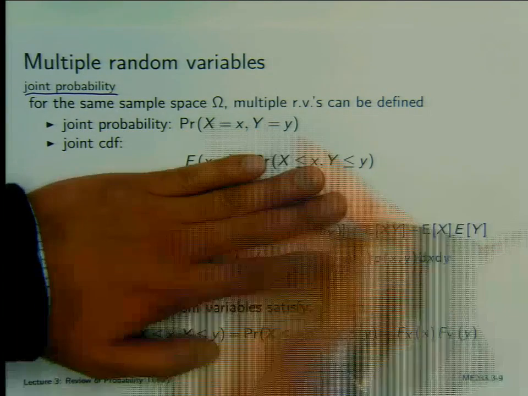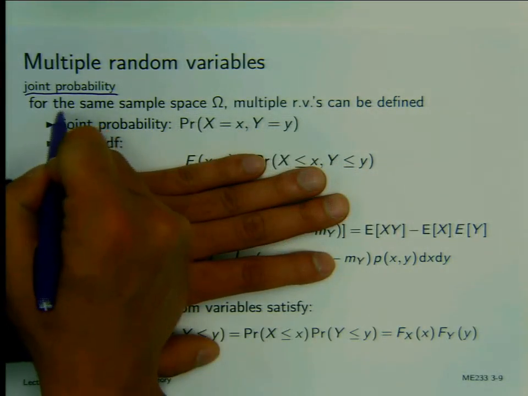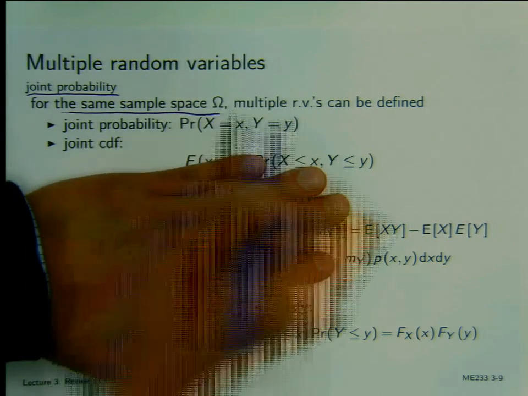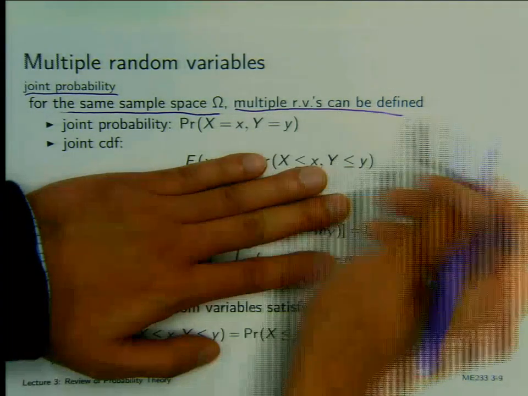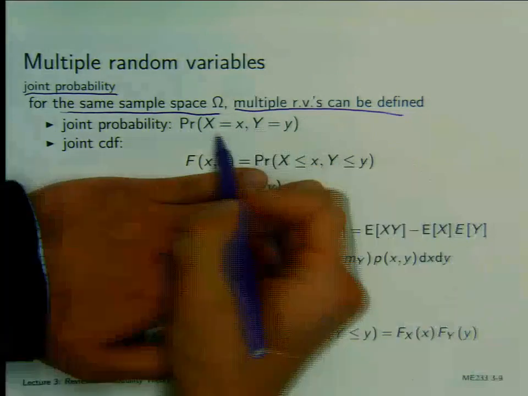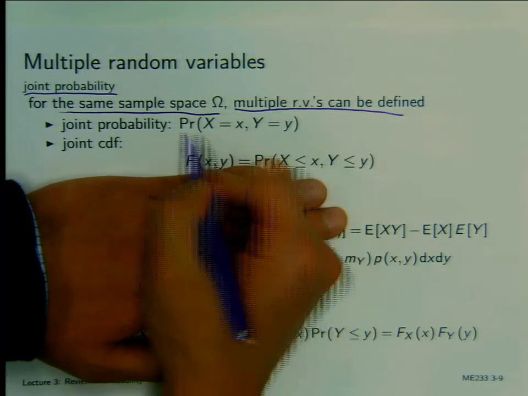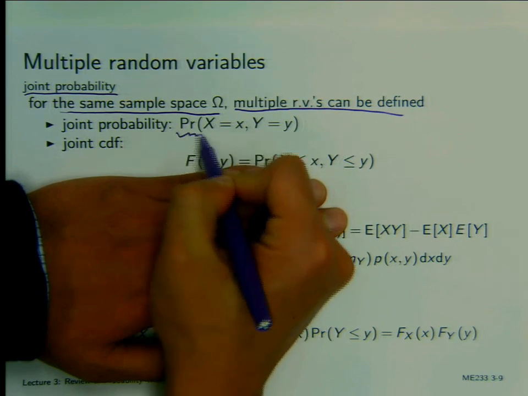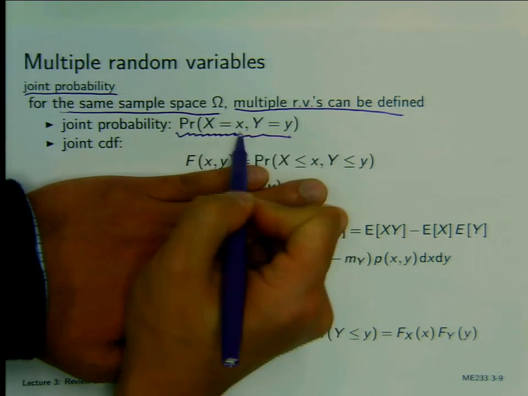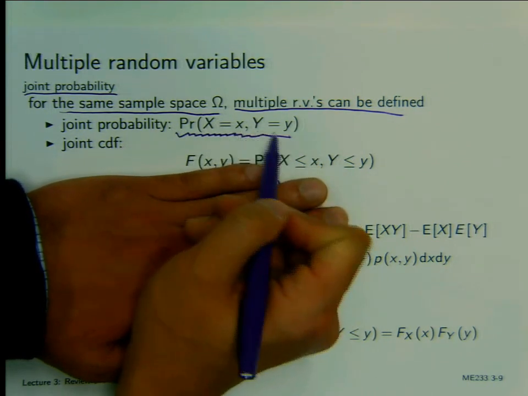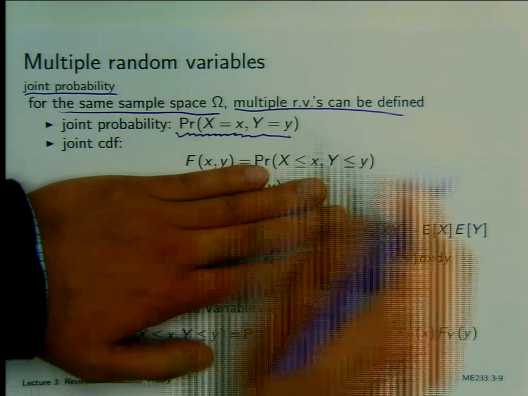Okay? I have shown you that for the same sample space, multiple random variables can be defined. So let's say x is one random variable and y is another random variable. It makes sense to evaluate the probability of one of them equaling some number, and the probability of the other equaling some other number.